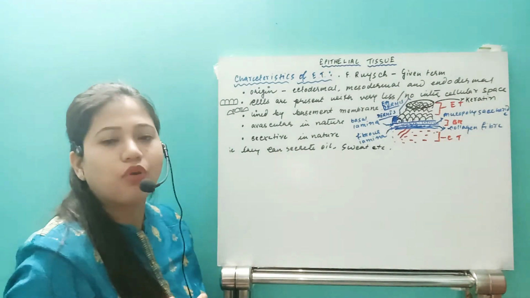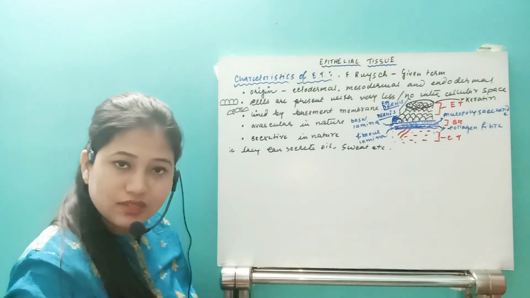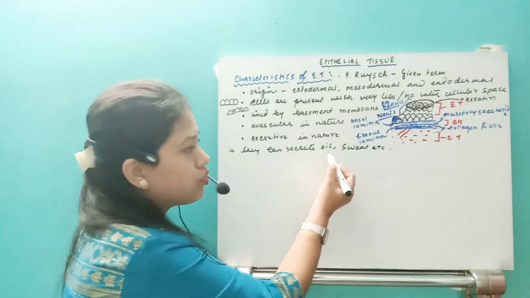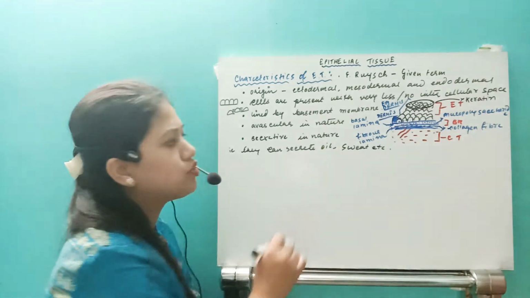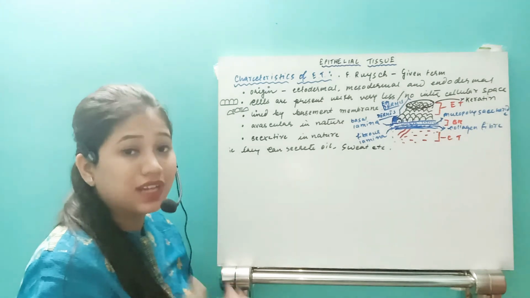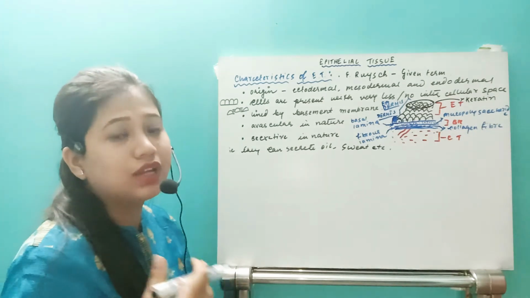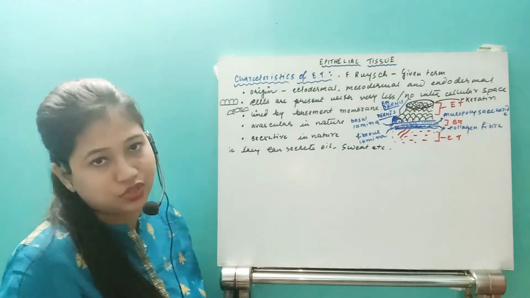So how is it possible that this dermis layer can secrete those secretions? The oil producing gland is known as sebaceous gland, and the sweat producing gland is known as sweat gland. All the kinds of glands we have will be nothing but a modified epithelial tissue.